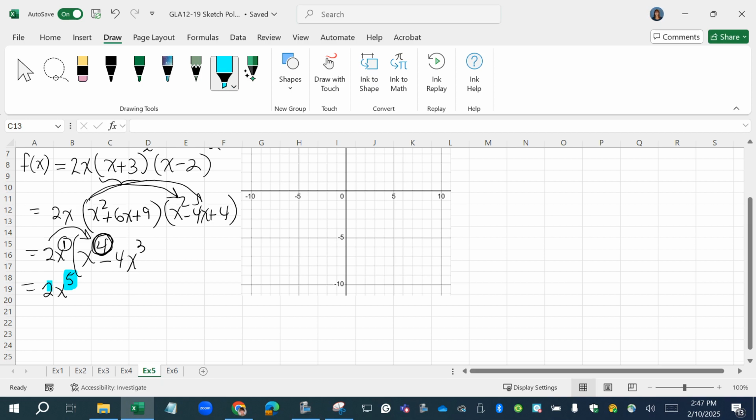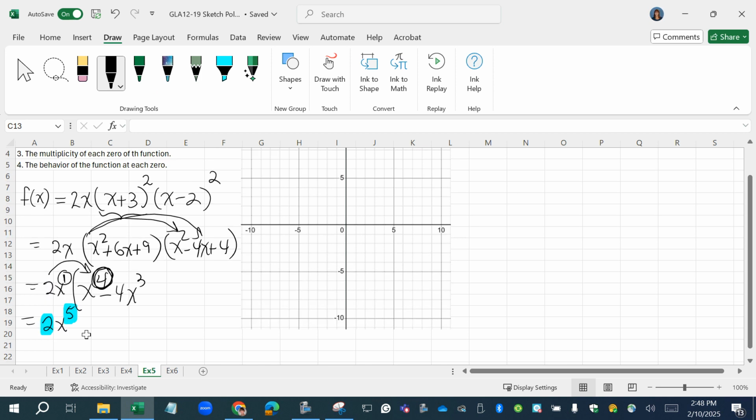And since the lead coefficient is positive, I know my ends are going to be similar to a line with a positive slope. So if I just picture a line with a positive slope and what those ends would look like, and then erase the center, then I have the end behavior for my degree 5 polynomial.